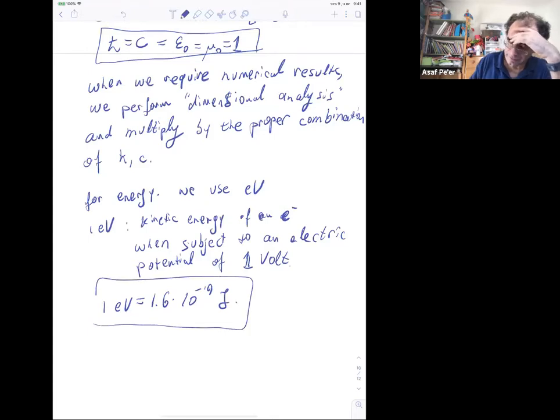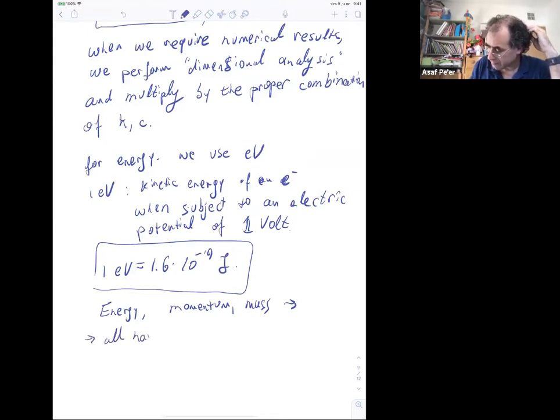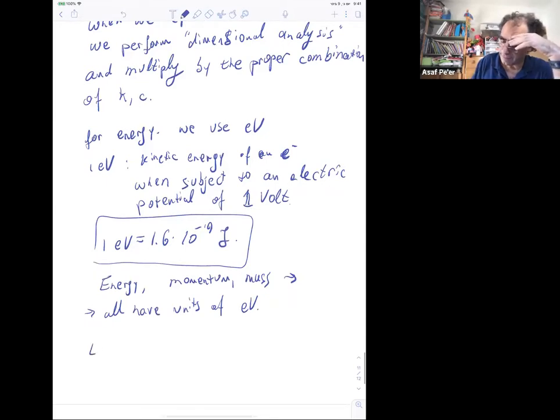And as we stated, in natural units, we derived that in class, energy, momentum, and mass all have units of electron volts. On the other hand, length and time both have units of electron volts to the minus 1.